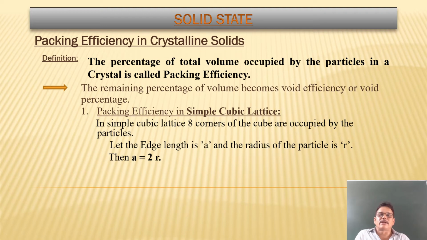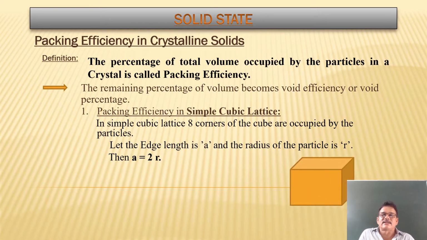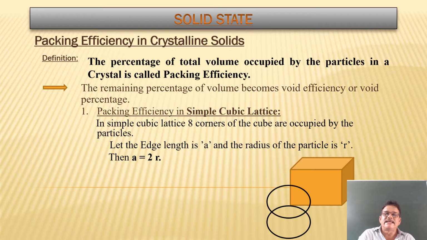In simple cubic lattice, 8 corners of the cube are occupied by the particles. Let the edge length of the cube be a and the radius of the particle be r.